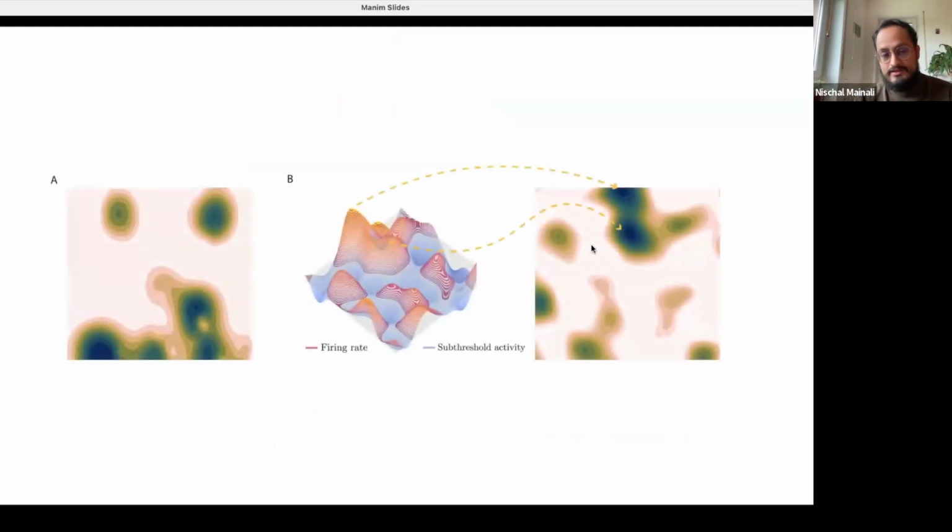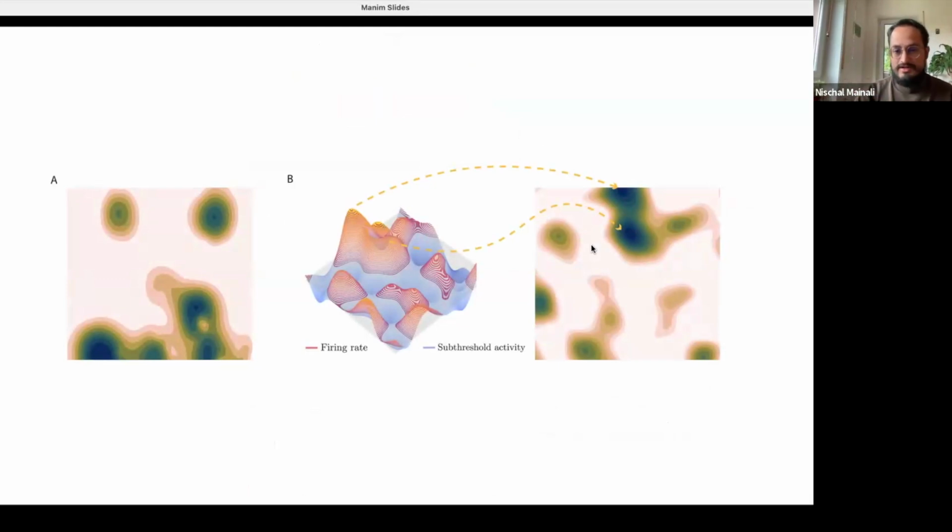Now that was 1D. We can repeat the procedure for 2D. Here, on the left, you see an example of a real place field measured in rats. And on the right is a sample from a model where we simulate a 2D Gaussian process and threshold it at some value.